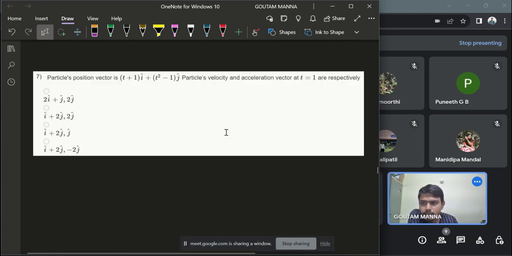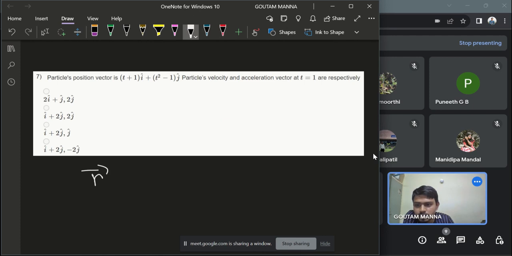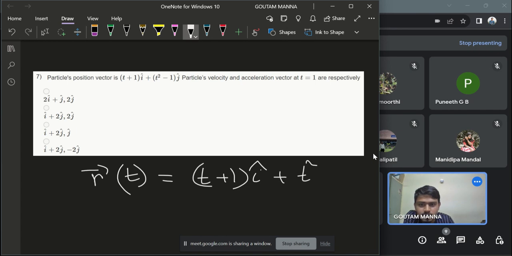Okay. Now the seventh problem. It's a very easy problem. The position vector is given as r as a function of t, which is t plus 1 i cap plus t square minus 1 j cap. We have to find out the velocity and the acceleration.